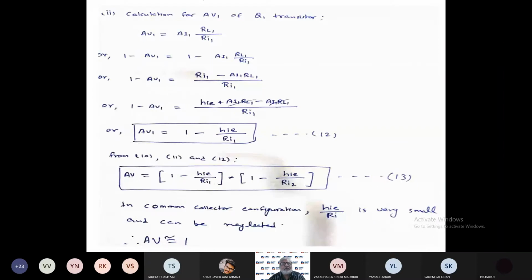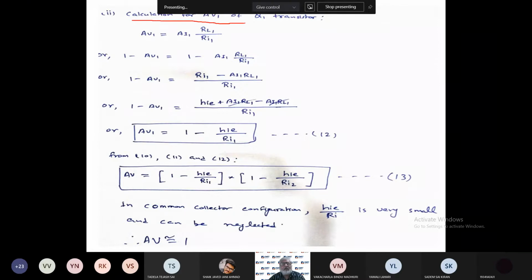Now I will calculate the voltage gain of the Q1 transistor, that is AV1. AV1 is equal to the current gain of the first transistor times the load resistance of the first transistor divided by the input resistance of the first transistor.